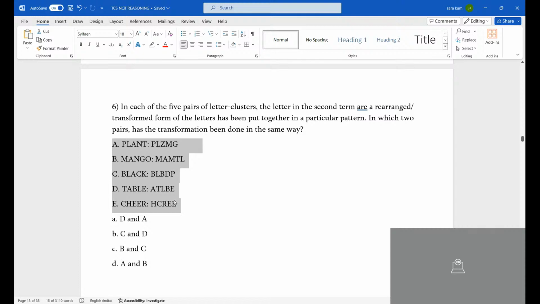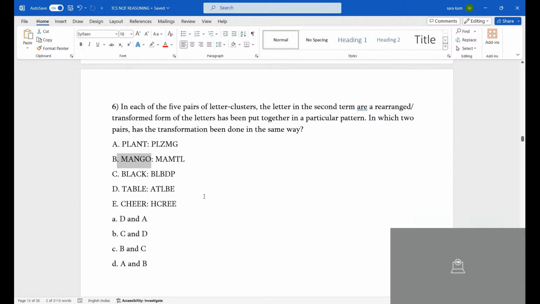You have to find which two it is. When I say logic, the way they are rearranged will be the same. So two out of these five will be rearranged in the same way. You have to find out which, and I'll just remind you, this is a rearranged version of this, and so on.